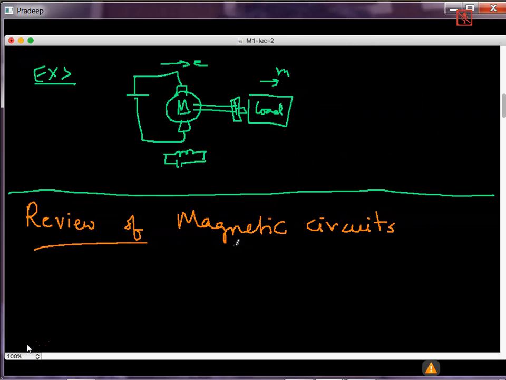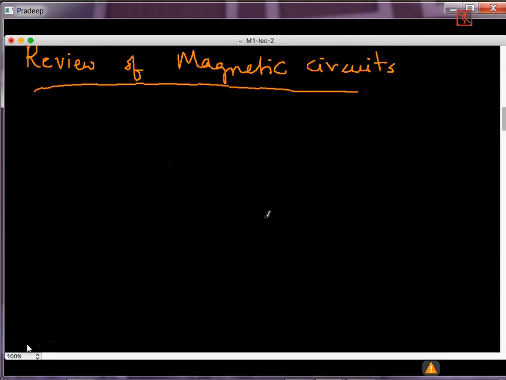If you want to understand magnetic circuits, you can just compare them with electric circuits. The EMF, electromotive force, is analogous to MMF, magnetomotive force, and it is nothing but N into I. This is in ampere turns.